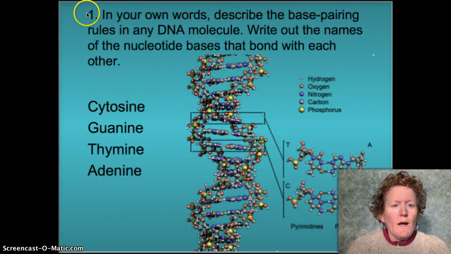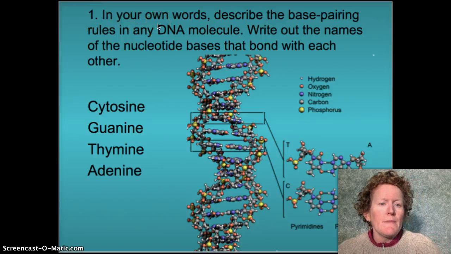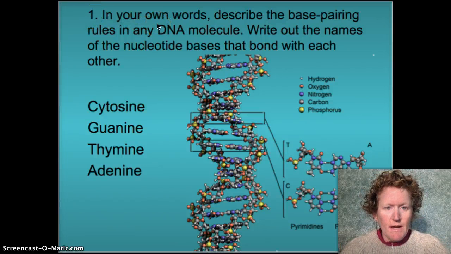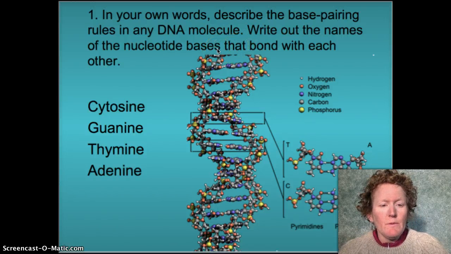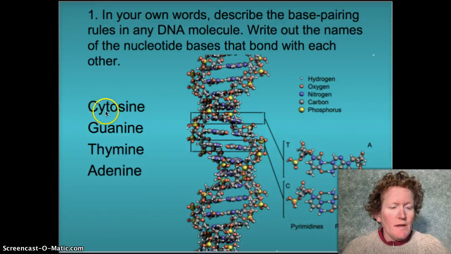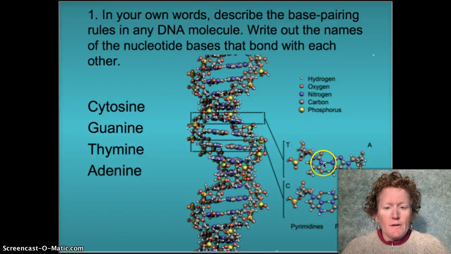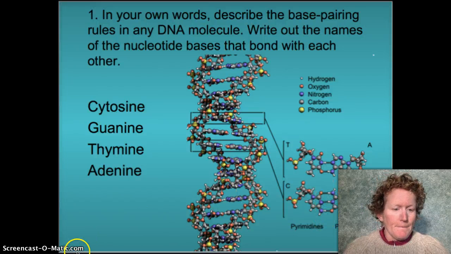So for question 1, it says, in your own words, describe the base pairing rules of a DNA molecule. Write out the names of each of the nucleotide bases that bond with each other. I've written out the names of each of the bases here, and here's an excellent diagram that shows that adenine bonds with thymine, and there are 2 hydrogen bonds here, and guanine pairs with cytosine, and there are 3 bonds here.